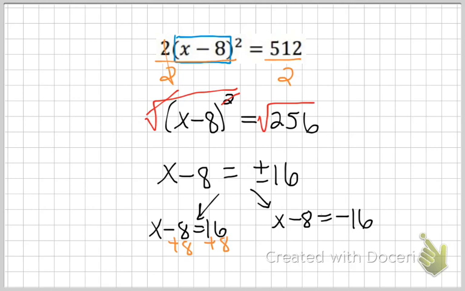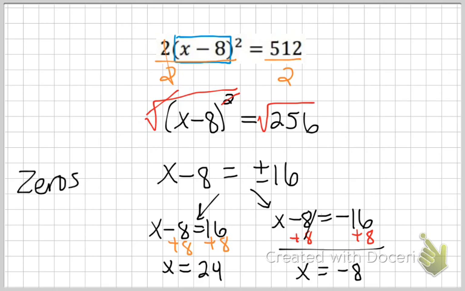So here we get that x is 24. And on this other linear equation, we add 8, and we get that x is negative 8. So our zeros, and I'll write the answer over here, are negative 8, comma, positive 24.